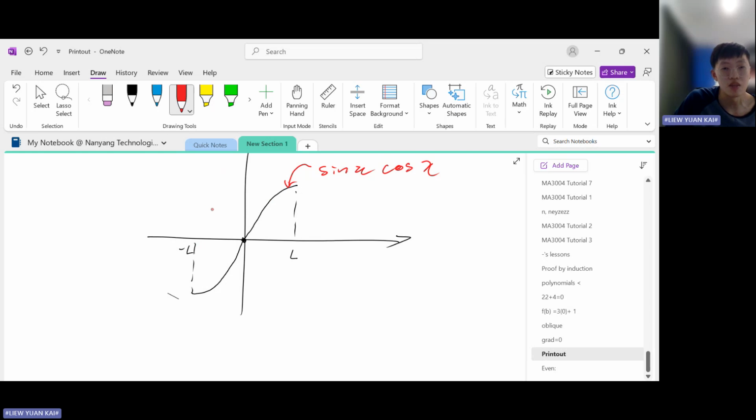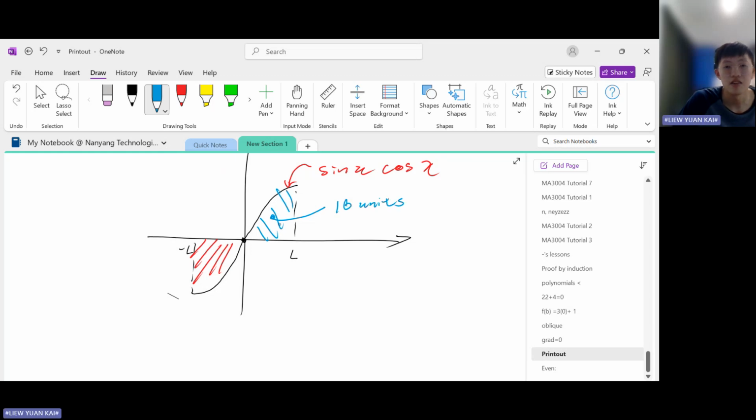Integrating this means I want to find the total area here. But you see, this area is the negative version of this area. So what do I mean? Let's say the area of the positive part is 10 units.